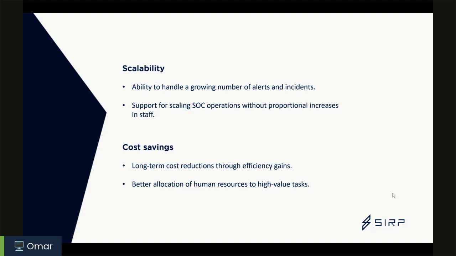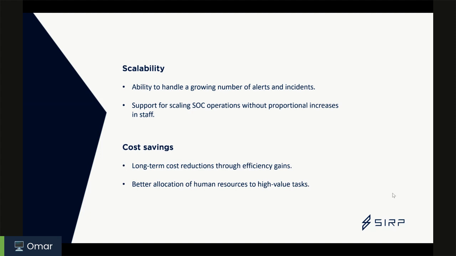Finally, let's also discuss the cost saving benefits of security automation. While there is an initial investment in automation technologies and there are efforts required to get it up to the speed, but the long term cost savings are substantial. So, first of all, automation reduces the need of additional staff. It lowers the cost associated with manual error correction and incident response delays.